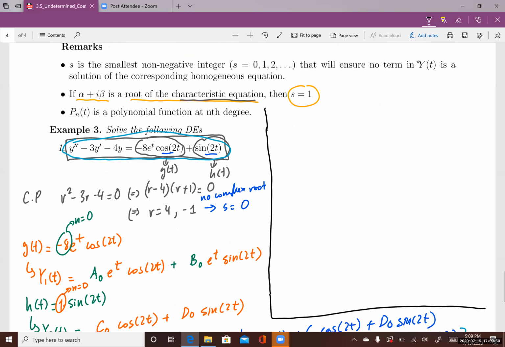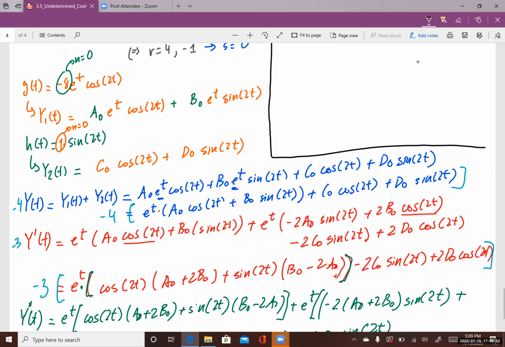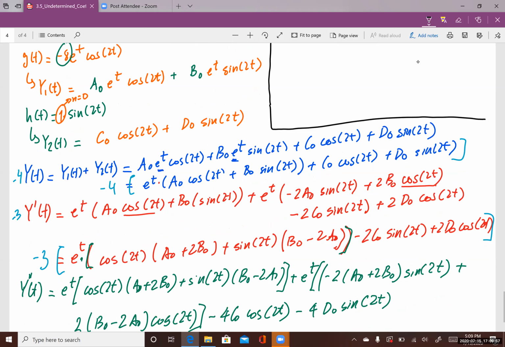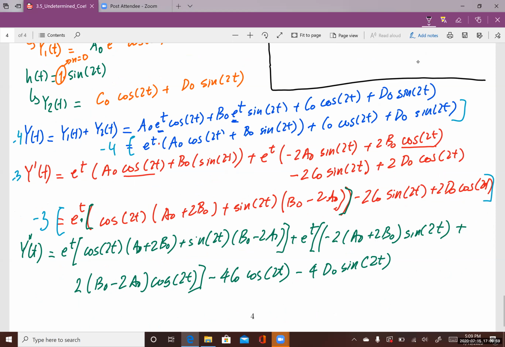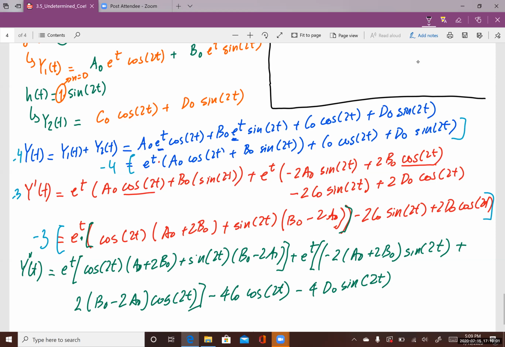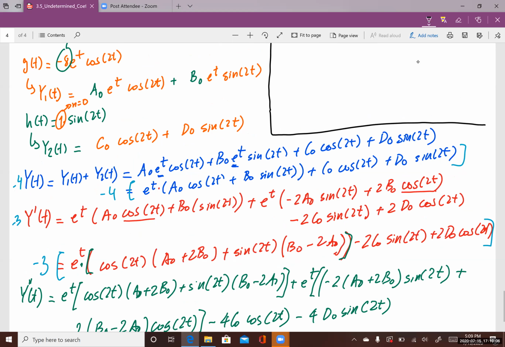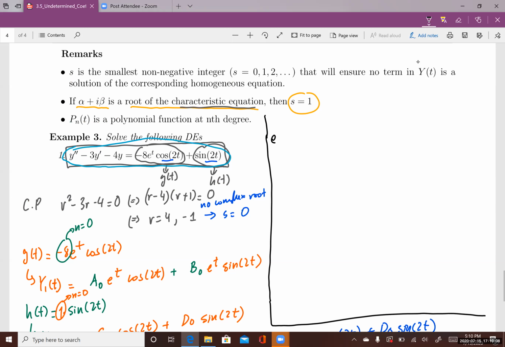Well, I just did some scratch work because I ran out of space here. But when we plug y, y prime and y double prime into the original equation, the left-hand side will be equal to e^t. Say you have cosine of 2t, and you have negative 8 a0 minus 2 b0.